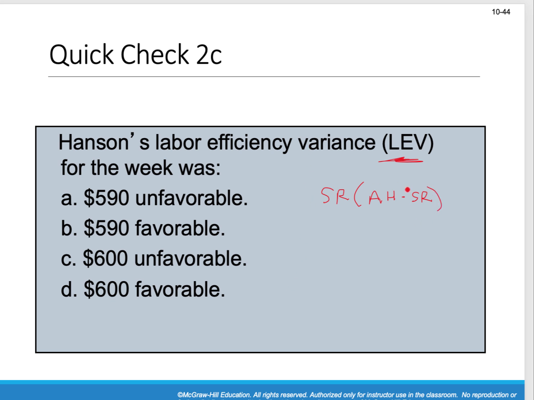Okay, and we know how to get the standard hours. We take the actual output, which is 1,000 Zippies, and multiply that by the standard hours that should have been used, which is 1.5. Right?